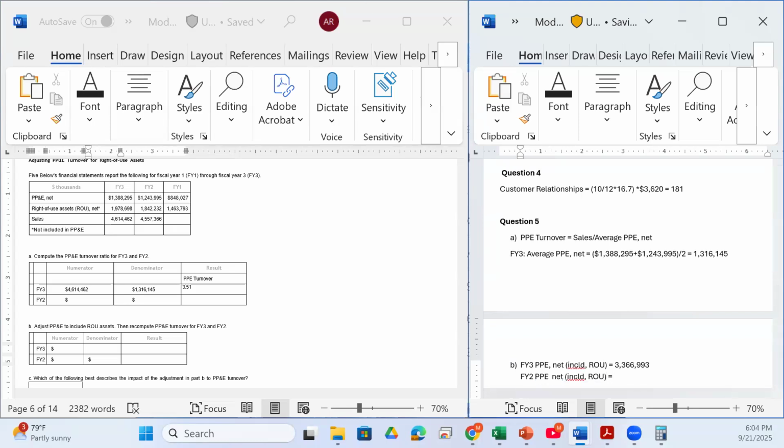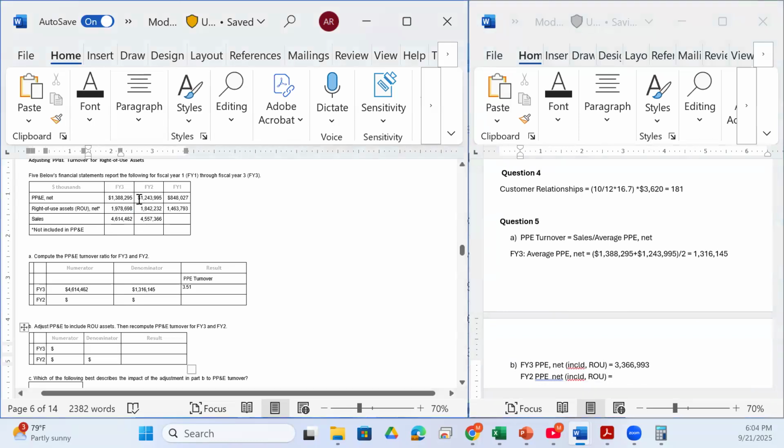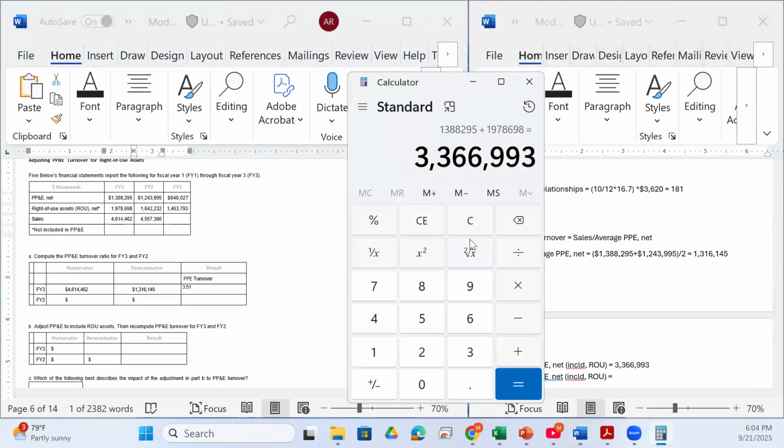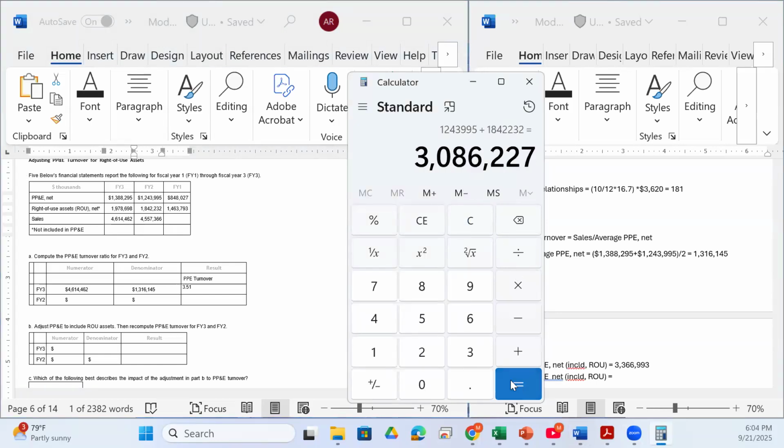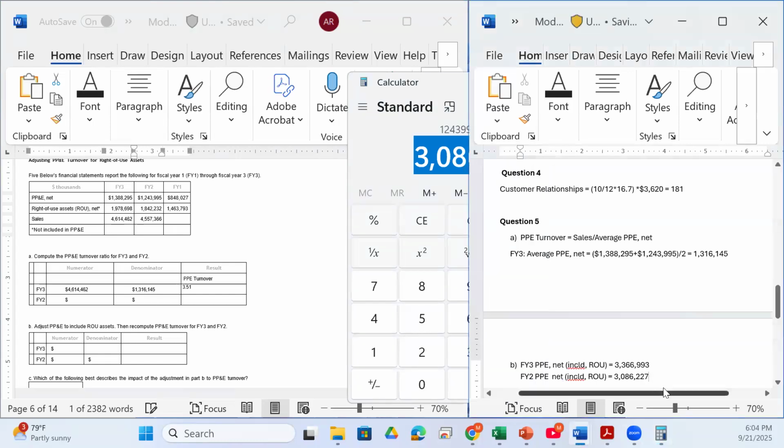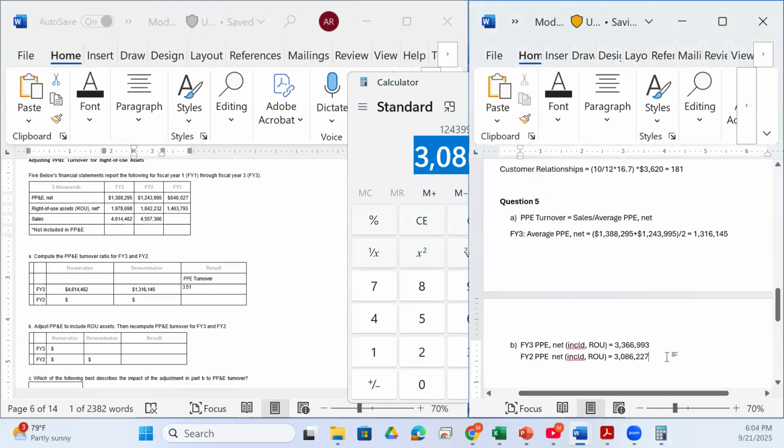So this will be this plus this. Okay. Now we can find the fiscal year 3 denominator.